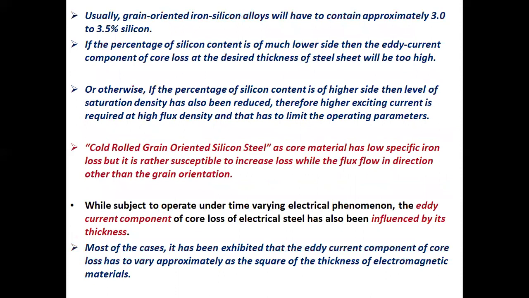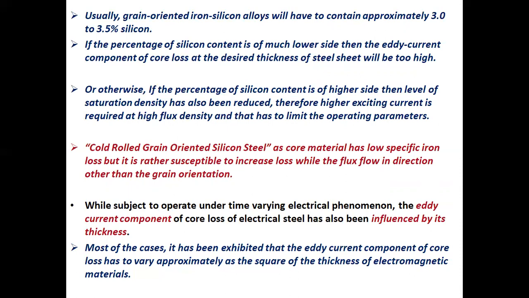Usually, grain-oriented iron silicon alloys contain approximately 3 to 3.5% silicon. If the percentage of silicon content is much lower, then the eddy current component of core loss at the desired thickness of steel sheet will be too high.